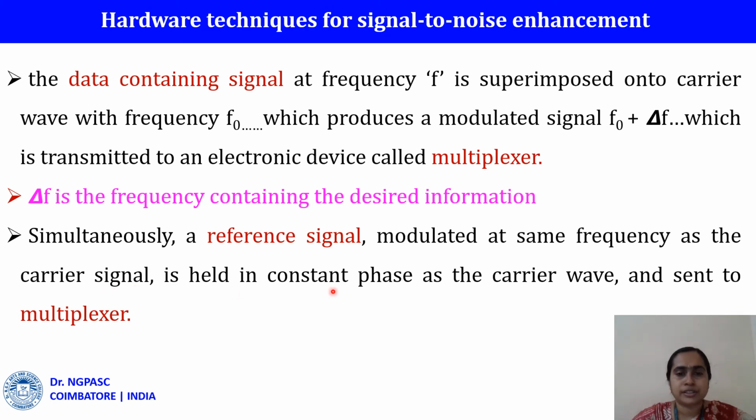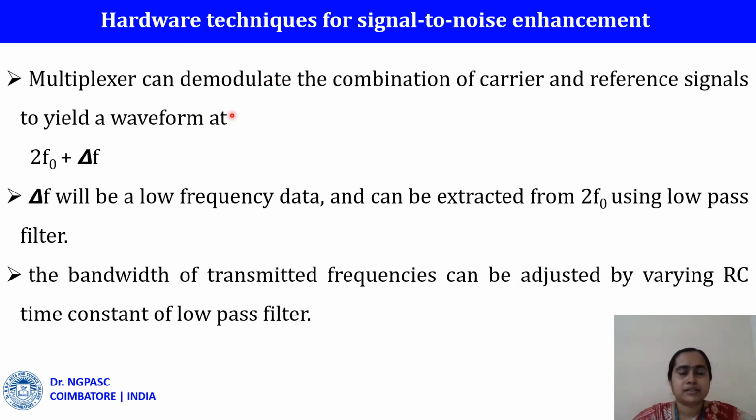It is held constant in phase with the carrier wave and is sent to the multiplexer. The multiplexer demodulates the combination of carrier and reference signals to yield a waveform at 2f0 plus delta f. Delta f is low frequency data and can be extracted from 2f0 using the low pass filter. The band pass of transmitted frequencies can be adjusted by varying the RC time constant of the low pass filter.